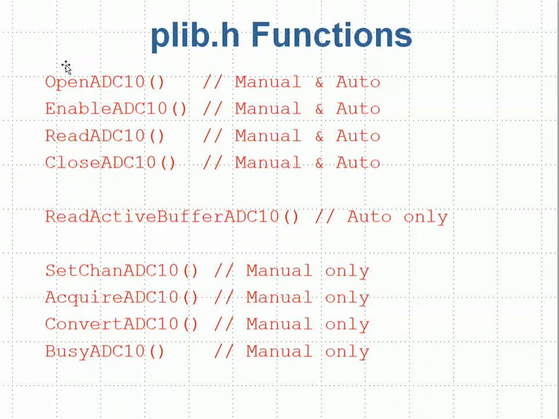Enable, after you configure it, this actually starts the module working, collecting data. We mentioned that there are buffers and that the ADC writes the values it records to buffers, and they're temporary, so we always have to read them. So this is for reading the buffers.